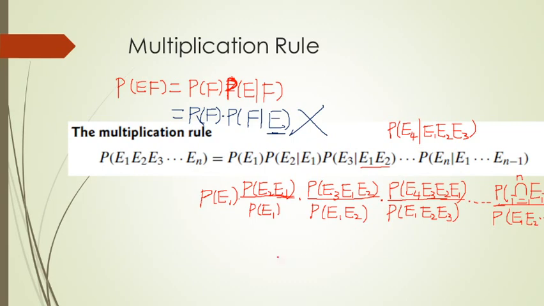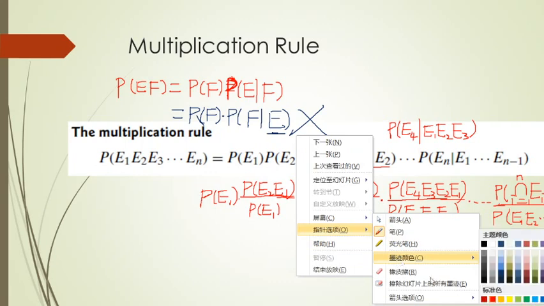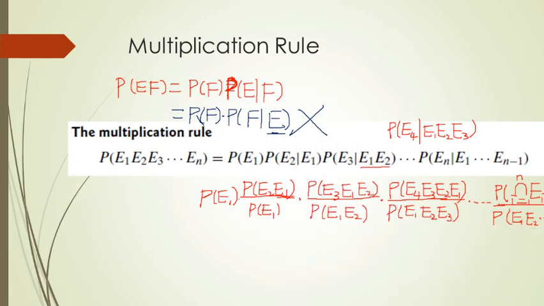So you will notice that you can cancel out these terms. Let me use a different color. You will notice that you can cancel each numerator with the previous term's denominator. Finally, you are only left with this term. What is this term? That is the probability of the intersection of those n events.